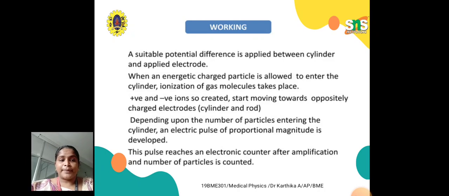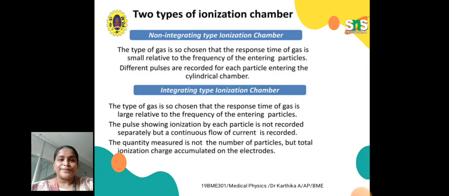Depending upon the number of particles entering the cylinder, an electric pulse of proportional magnitude is developed. This pulse reaches an electronic counter after amplification and the number of particles is counted. This is the working principle of counters.